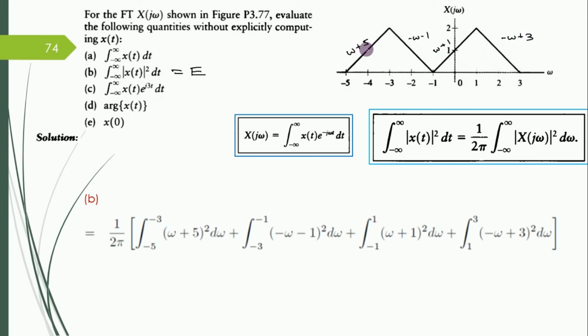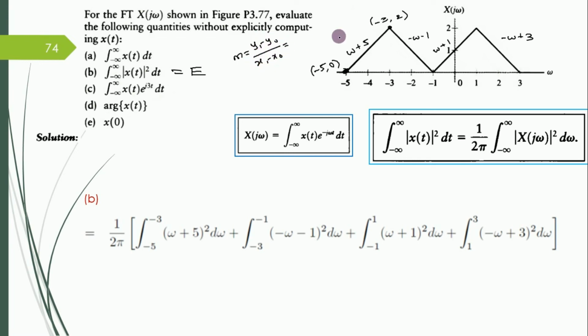You know how to find this, or let me just explain one of them. I take this one. If I ask you to write its coordinate, what do you write? Minus 5 is the x-axis, 0 is the y-axis. What is this coordinate? X-axis is minus 3, y-axis is 2. Now I'll find its slope. The slope formula is y1 minus y0 divided by x1 minus x0.